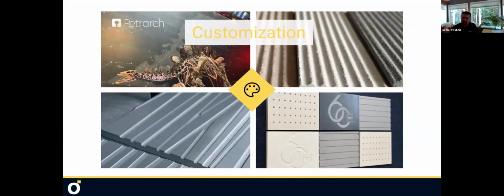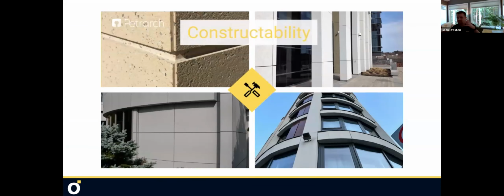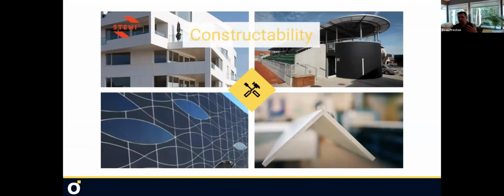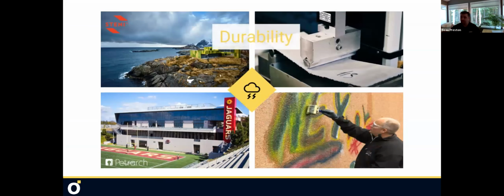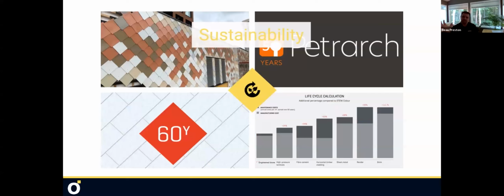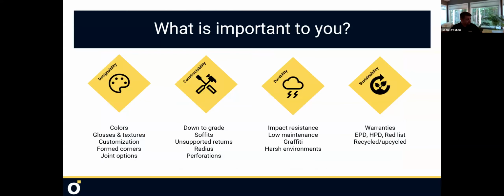We can do perforations, striations, and true radius, as you see there. We can do closed corners, open corners, trim work, and fused corners. For durability, we have anti-graffiti, we are impact resistant, and we've got one of the best sustainability stories out there. We're going to cover all of this in this presentation. This is just very quickly a show for you.